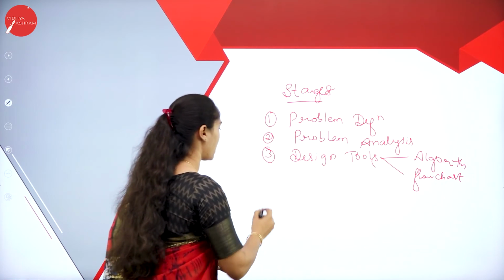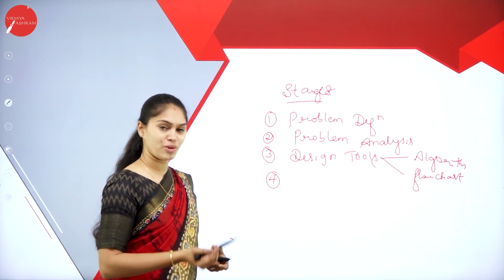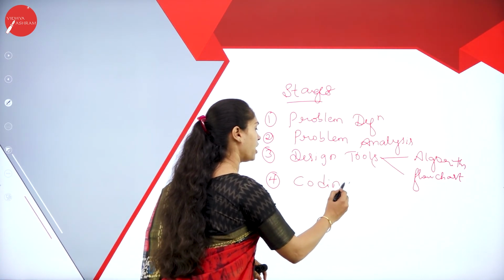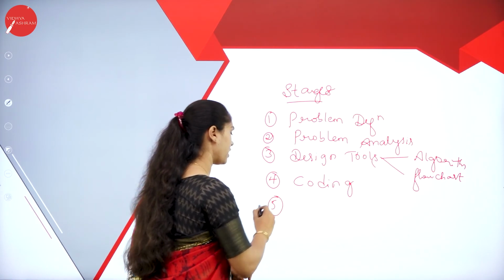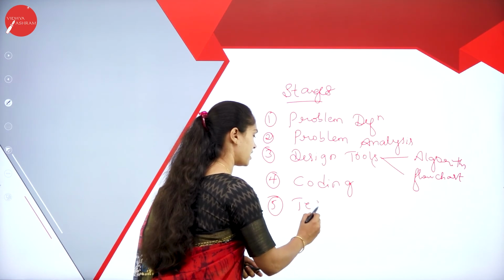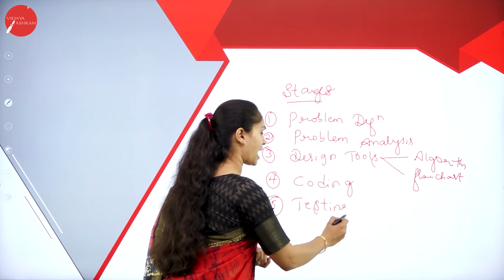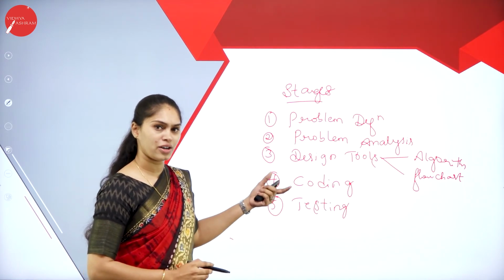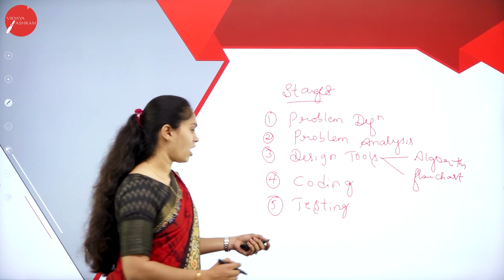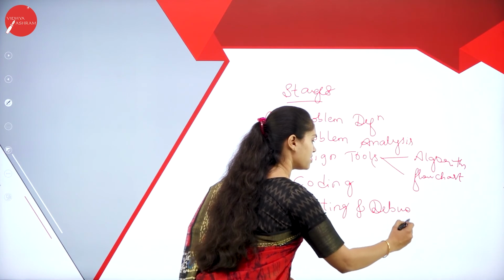So once the designing is done, then it has to be converted into any of the programming languages. That is known as what? Coding or programming. So I have written a code. Now it's my turn to test that code. So testing in the sense what? It will check whether this is working as per the requirement of the user or not. If it is working fine, then there will be no problem. After testing, we are going to have debugging. So debugging in the sense what?